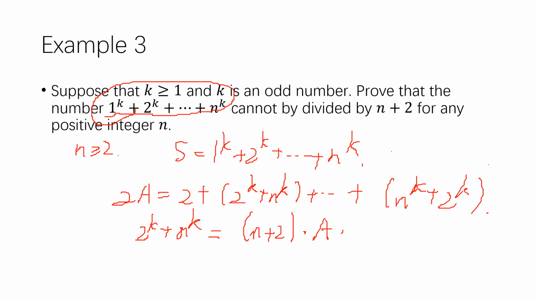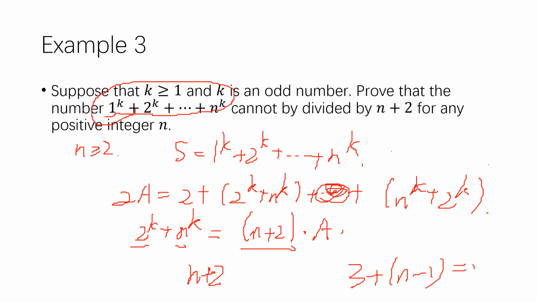And for all of these in the middle, they can also be divided by n + 2 for the same reason, isn't it? Let's take out the pairs. The sum is always n + 2. Like we just said, 3 plus n minus 1 is also n + 2.